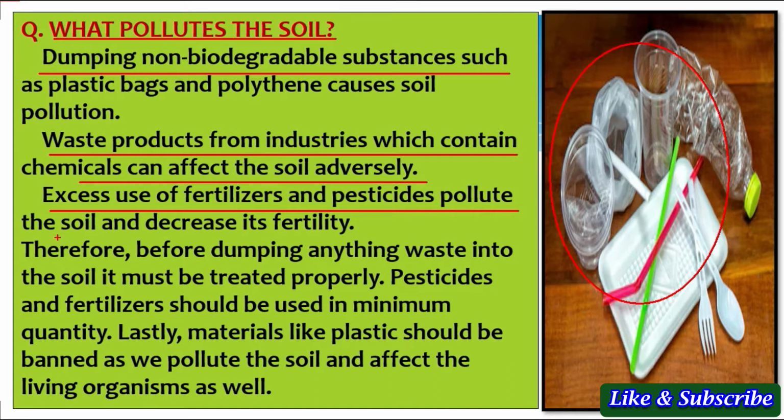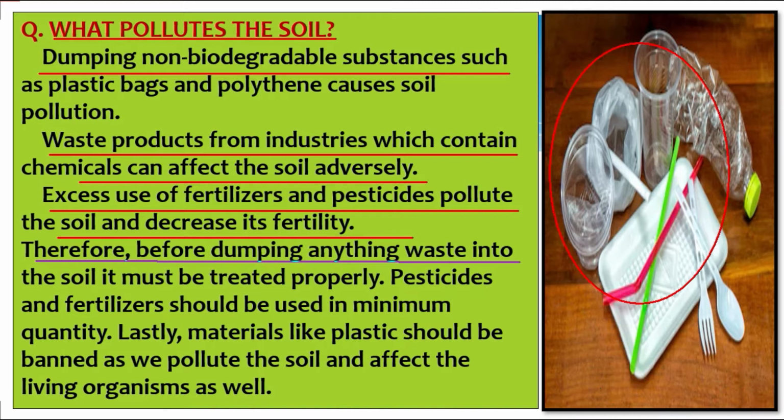And the excess use of fertilizers and pesticides that humans use in their fields also pollutes the soil and decreases its fertility. Students, therefore, it is very necessary that before dumping any waste into the soil, it must be treated properly. And the pesticides and fertilizers that we use in our field should be in minimum quantity.